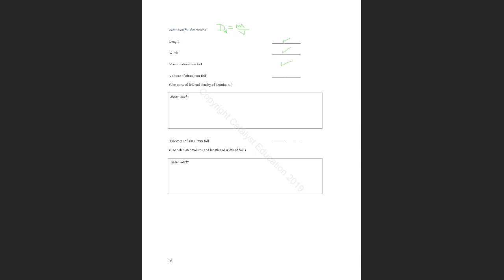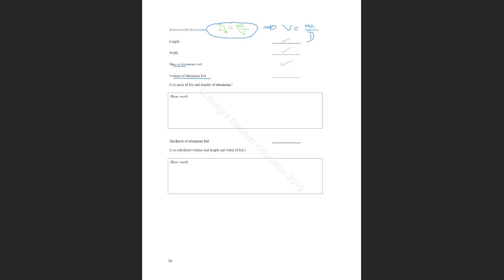So what you will have to do, the volume of the aluminum foil: you know the density and you know the mass, so you will use this formula. From here, the volume of the foil is going to be mass divided by density. Does it make sense what I did?